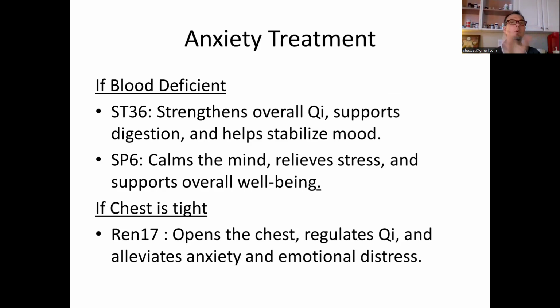So if they have any blood deficiency symptoms, Stomach 36, Spleen 6, we've talked about that earlier, a good point combo for building blood. If the chest is tight, CV17, right in the chest, helps open that chest area up, as well as PC6.